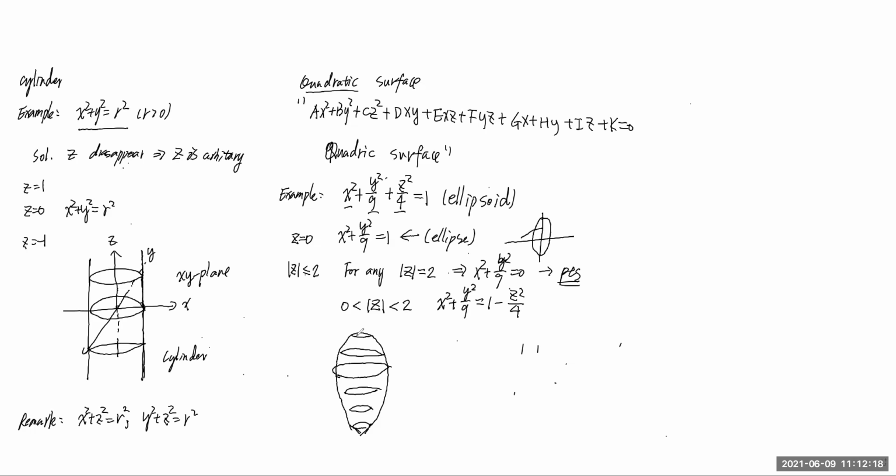You can imagine it, right? In general, it's easier to draw in this way. This is an ellipse.